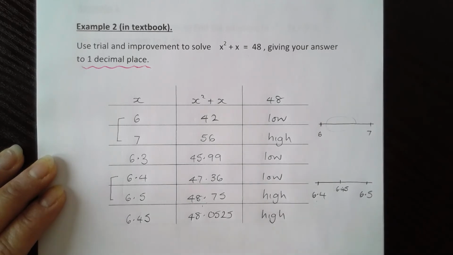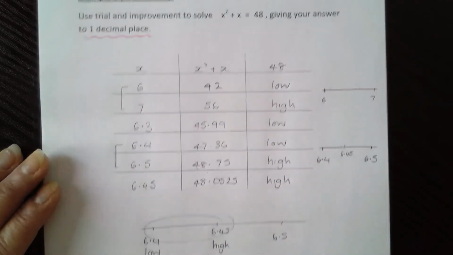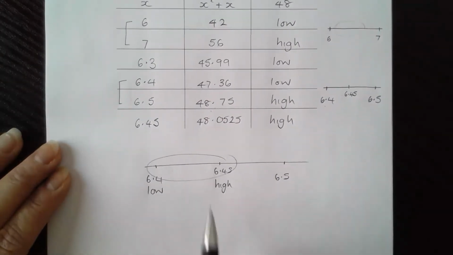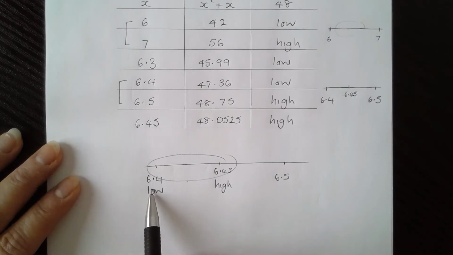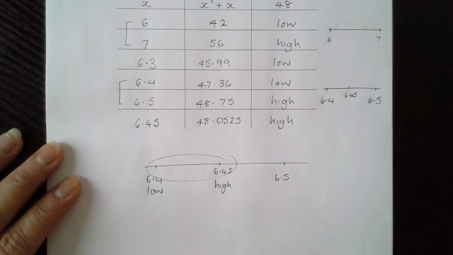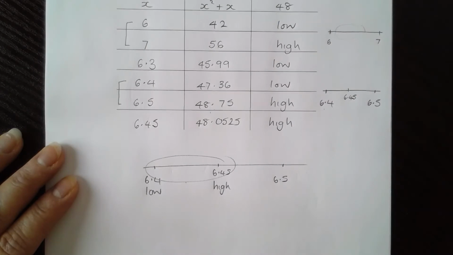So considering my number line again, 6.4, 6.5 and 6.45, that was too low, this one is too high, so we know it's in here, and any value in there rounds to 6.4. So your answer is x is equal to 6.4 to one decimal place.